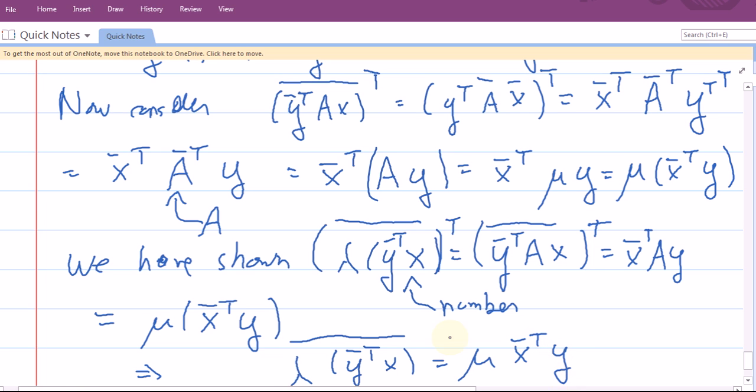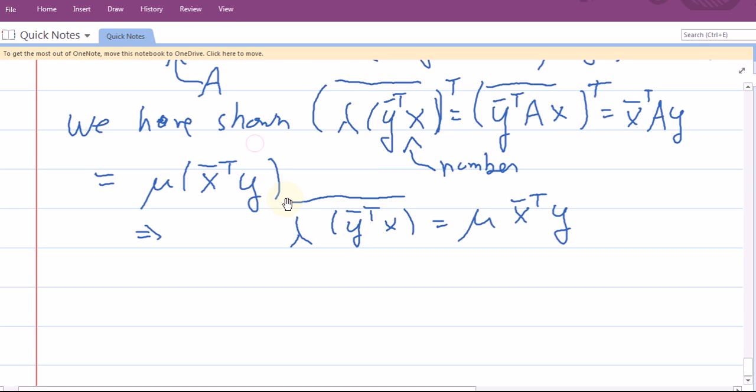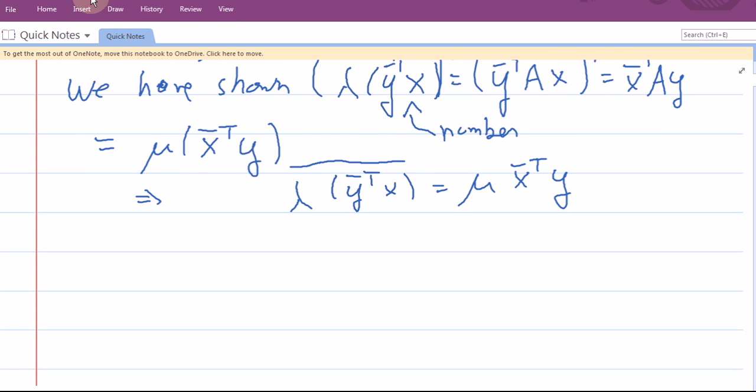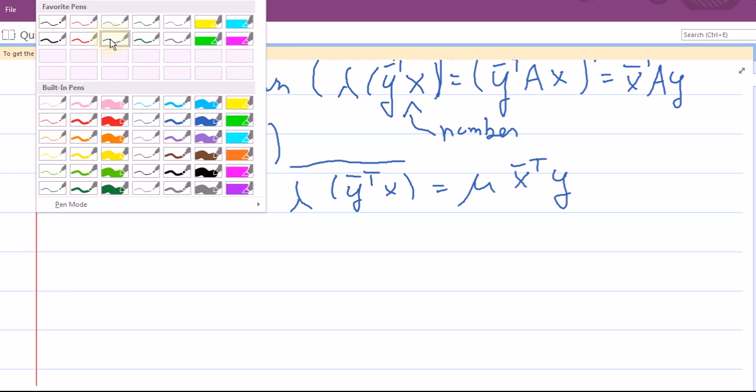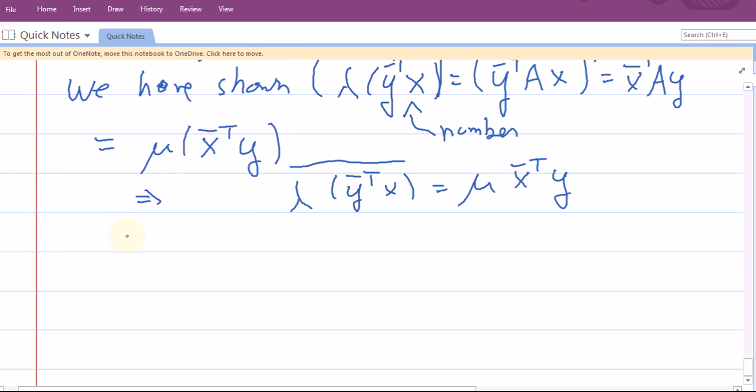Now, I can factor this complex conjugate in here because I have the complex conjugate of a product. So I can just take the complex conjugates of the different terms: lambda complex conjugate, y conjugate transpose x conjugate, is equal to mu times x conjugate transpose y.